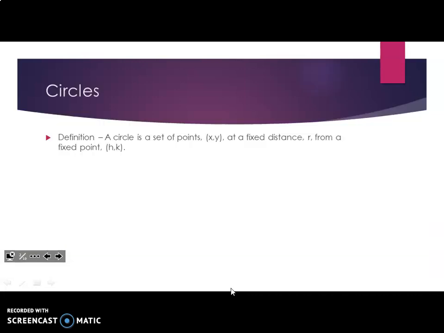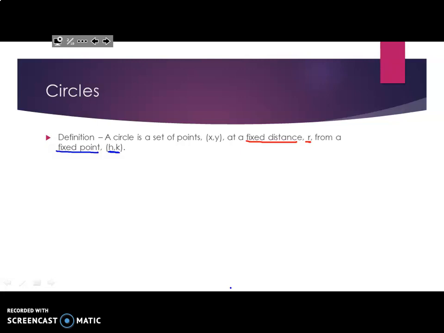So starting out with circles. By definition, a circle is a set of points, x and y, at a fixed distance r, that's going to be important, from a fixed point, which is h, k. Okay, so essentially what is going to happen here, I'm going to draw it as we go.